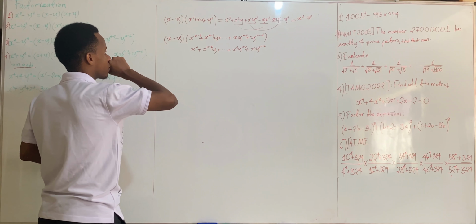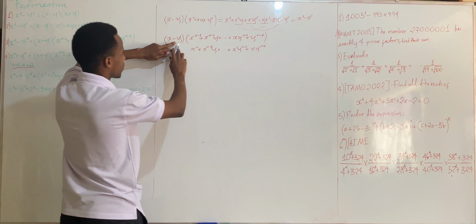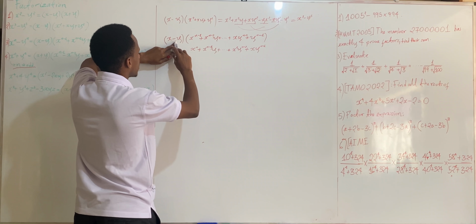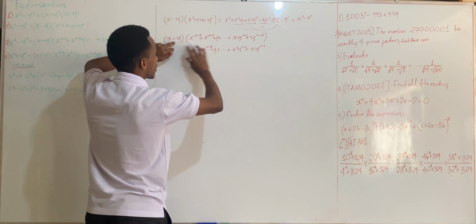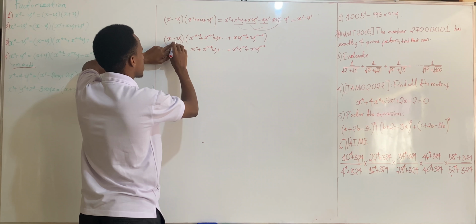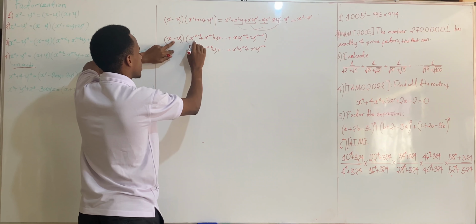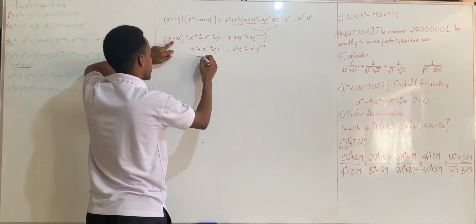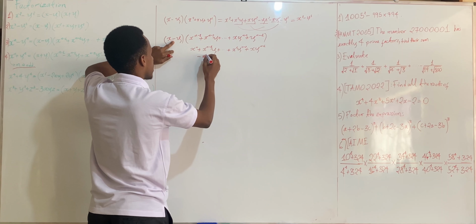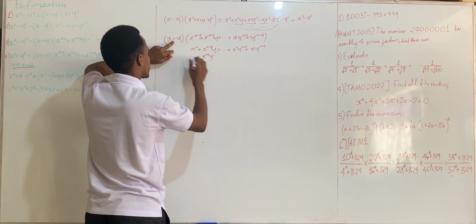For the other terms, we multiply negative y with this whole second factor. Minus y times the first term, x to the n minus 1, is minus x to the n minus 1 times y.